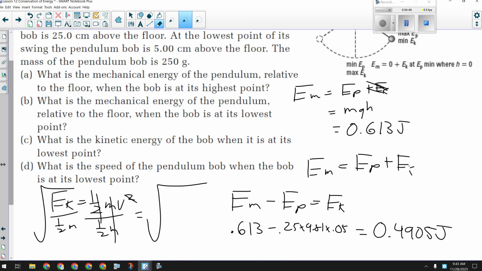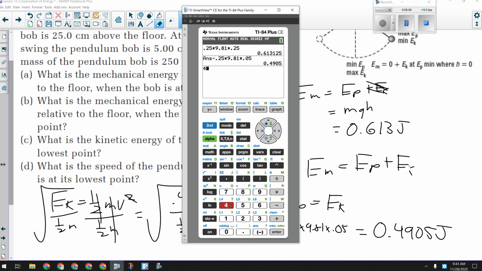So 0.4905 divided by 1/2 times 0.25, all square rooted. 0.4905 divided by 0.125, that's half of 0.25, and then square root that. So just under 2. Actually, don't we have 3 significant digits? So 1.98 meters per second.